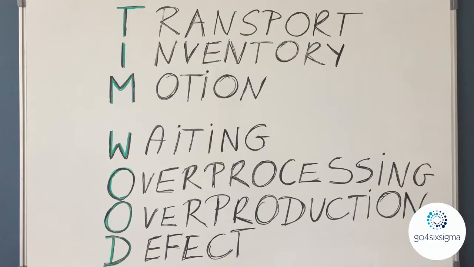So you can see that T is for transport, I is for inventory, M is for motion, W is for waiting, O is for overprocessing, the second O is for overproduction, and D is for defect.